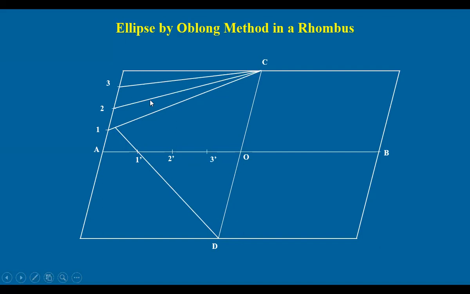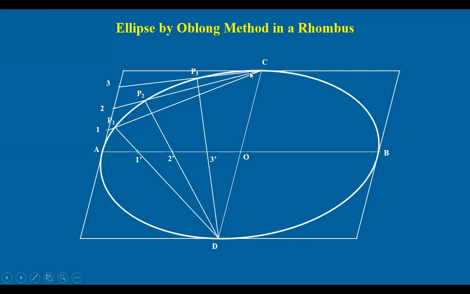D2 dash up to the second line, you get P2. D3 dash, you get P3. Likewise, you get 3 more points here, and you follow the same procedure in the other 3 parts, and you get an ellipse.